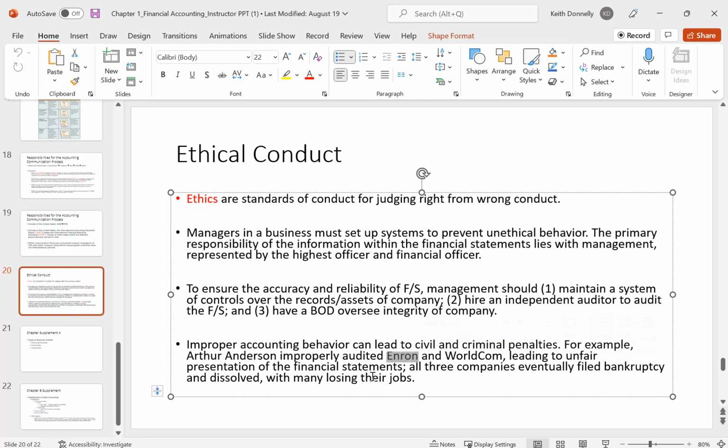They ask this external CPA to assess the fairness of the financial statements, to make sure they're accurately and fairly presented and that they aren't misleading. Post Enron, the government said, management, the internal CEO and CFO, you are ultimately responsible for financial statements, not the CPA auditor.